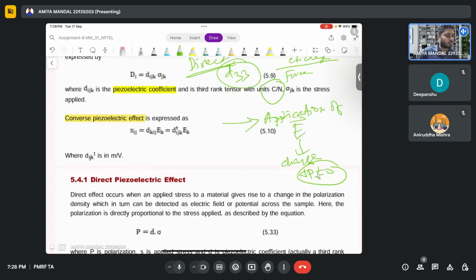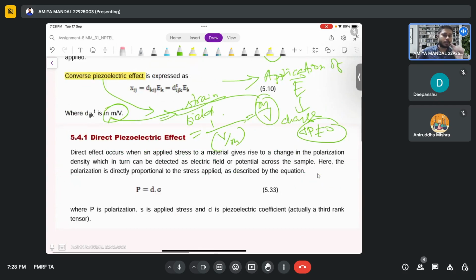And so a strain, that is strain versus field for the converse piezoelectric effect, and 1 by volt per meter, that is, volt per meter is the unit, and that's why it turns out to be meter per volt.